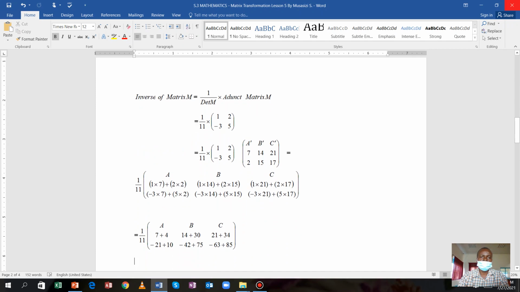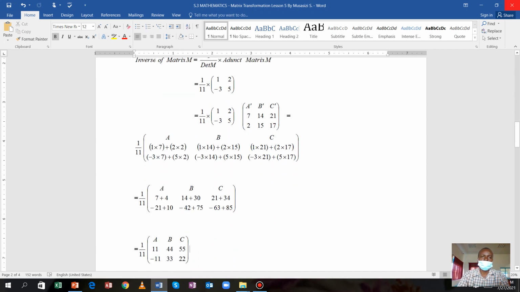So as you go down, 1 times 7, of course, 7, then 2 times 2 is 4. That is 7 plus 4. B prime would be 14 plus 30, then 21 plus 34.